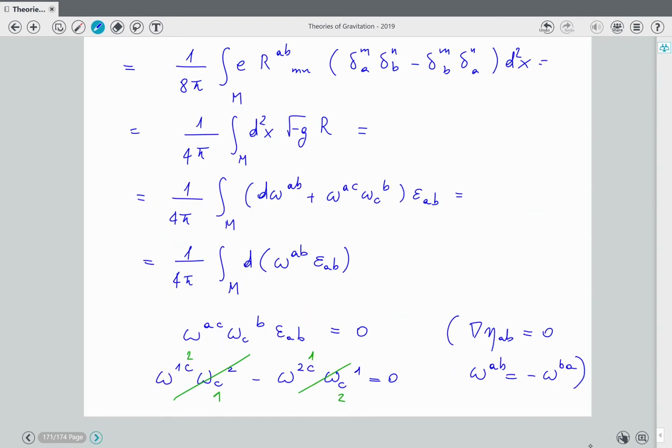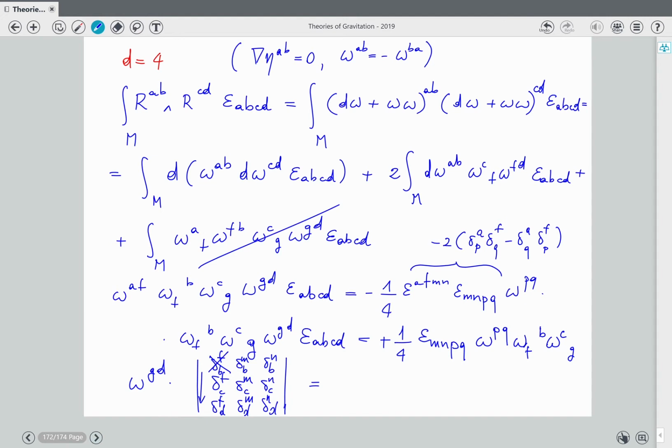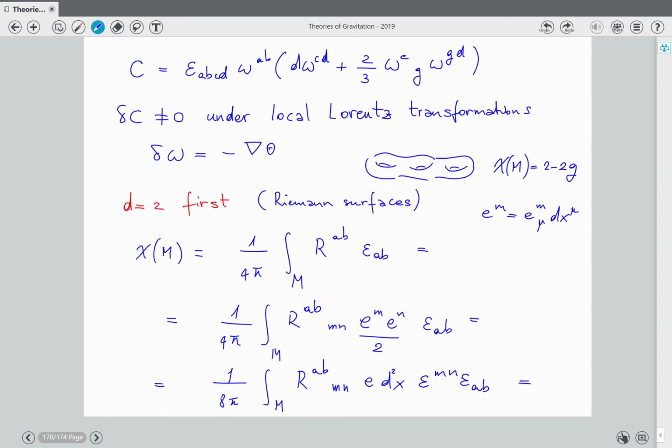So in 4 dimensions, we had to do some calculations, and so we manipulated this expression, and we isolated a certain thing, which is a total derivative, and 2 other contributions. The third one was proved to be zero. And now we consider the second one, which will also be a total derivative, the total derivative of the second contribution to the Chern-Simons form.